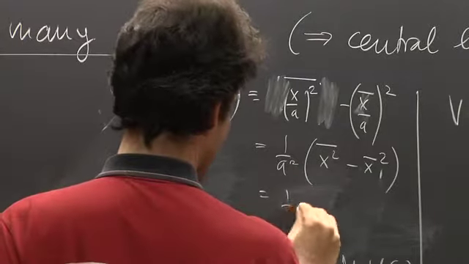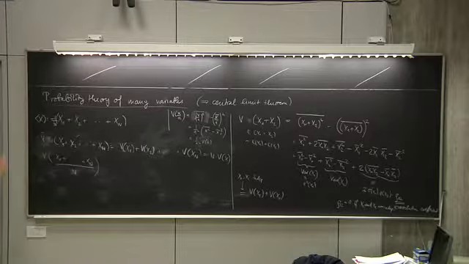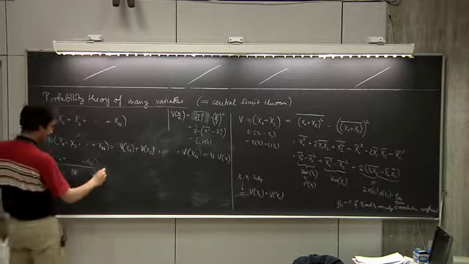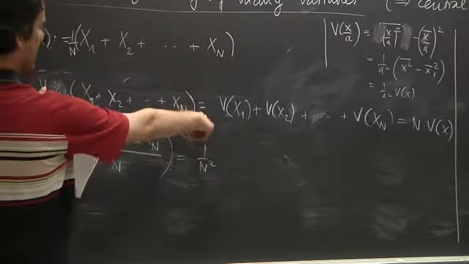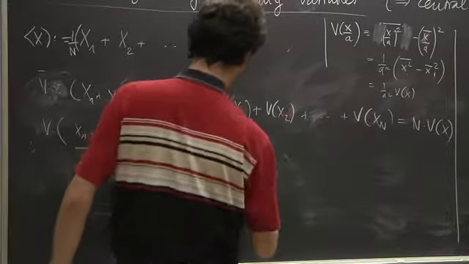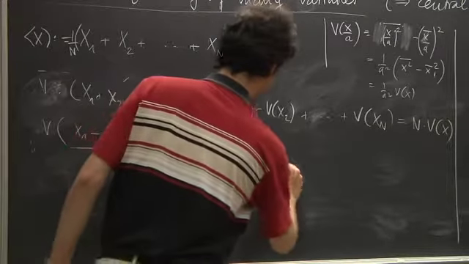So this is 1 over a squared times the variance of x, right? So this will be 1 over n squared of the variance that we wrote above here, which is n times v of x, right? Okay.